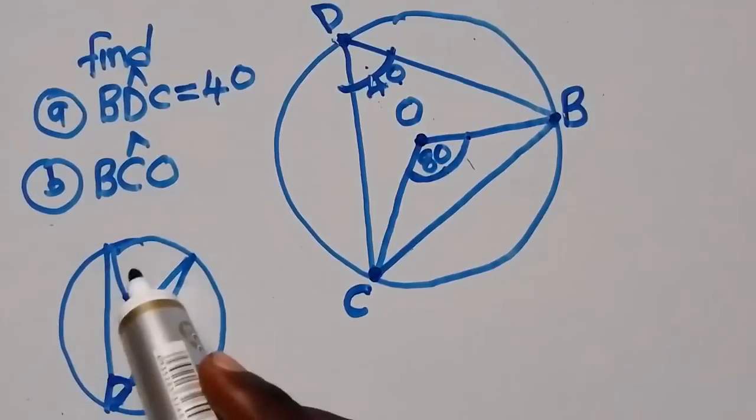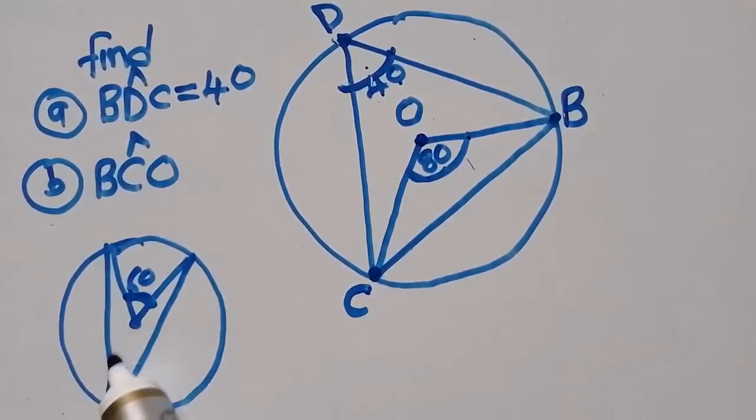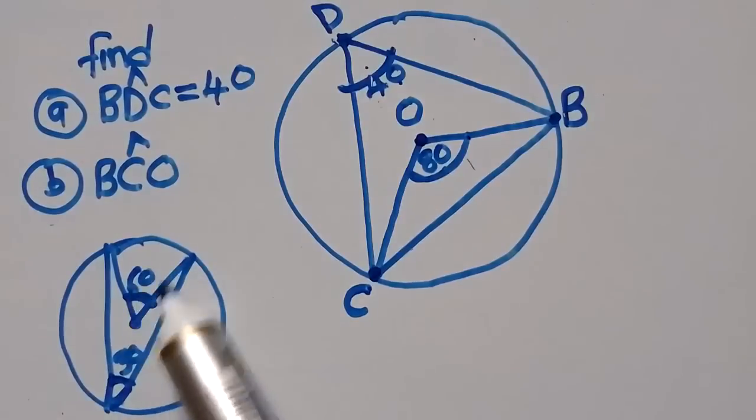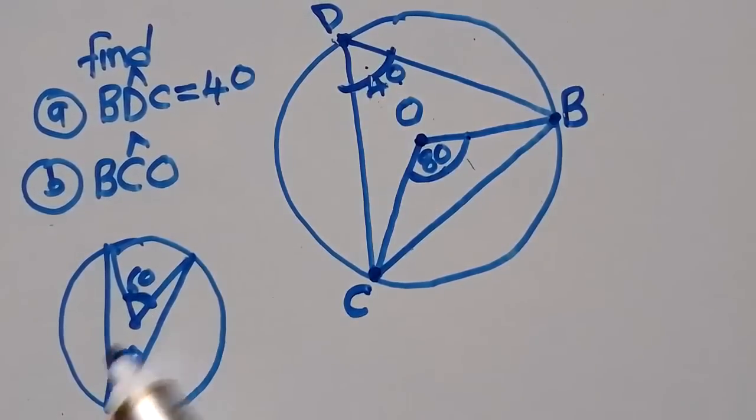So if here you've got 60, even here you're going to have a 30, because the angle at the center is twice bigger than the angle at the circumference. This is another property that you need to know. Let's make sure we understand all these principles that I'm telling you.